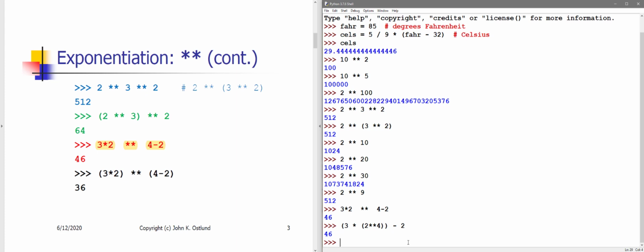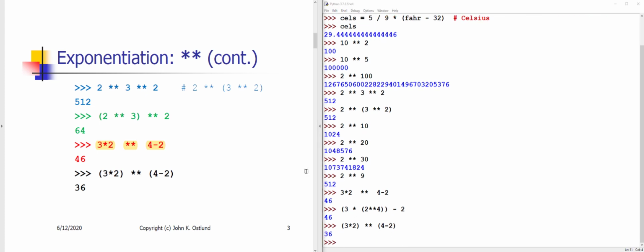If I want to force the multiplication and the subtraction to happen prior to the exponentiation, then I can put 3 times 2 in parentheses, and then give my exponentiation operator, and then 4 minus 2 also in parentheses. This will force 3 times 2 to be computed to get 6, 4 minus 2 to be computed to get 2, and then 6 to the power of 2 will be 36.